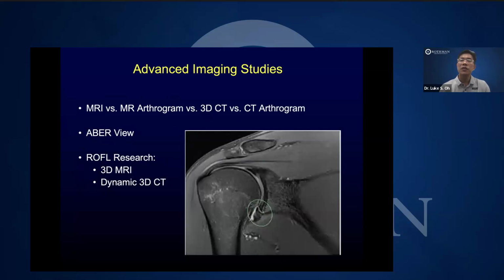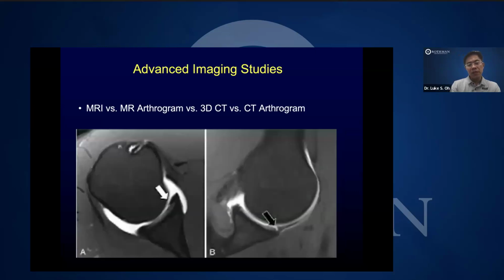My preference, if I'm looking for a rotator cuff disease or injury, is to get a regular MRI. But when I'm looking for instability and looking for subtle labral tears, my preference is for an MR arthrogram with contrast dye placed into the joint.